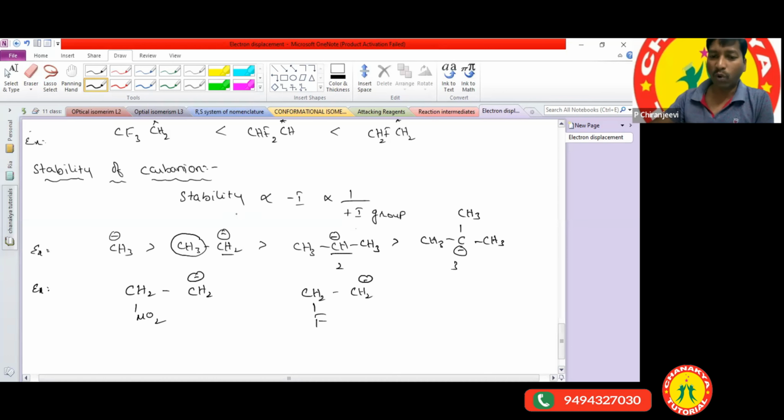Now between nitro group and fluorine, which one is the stronger electron withdrawing group, Aditi? NO2 is the stronger electron withdrawing group. So that's why the NO2 compound is more stable than the fluorine one.